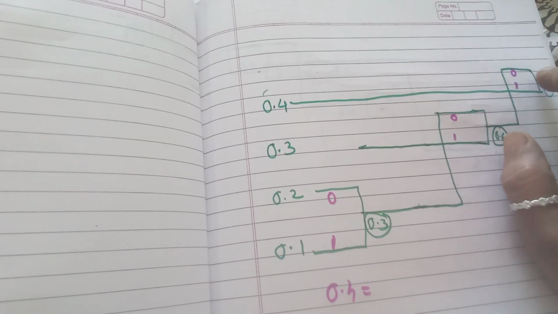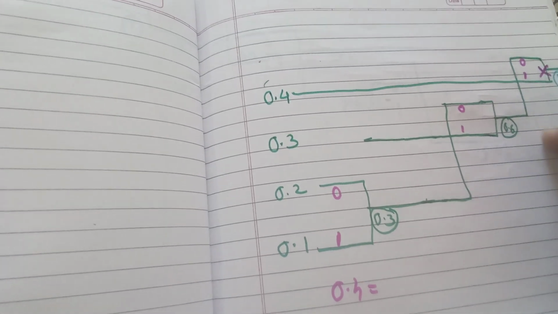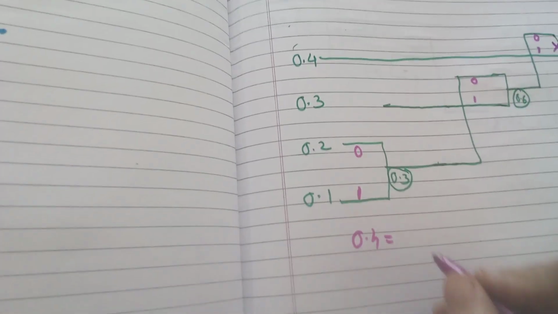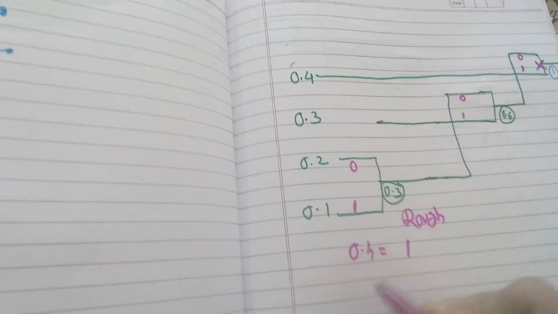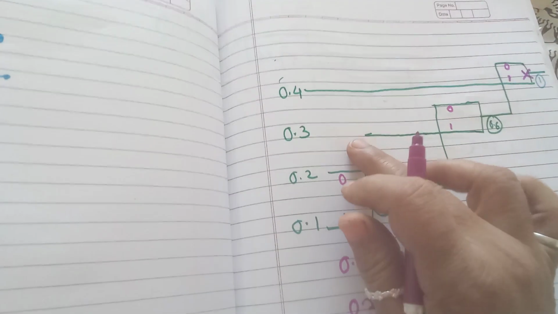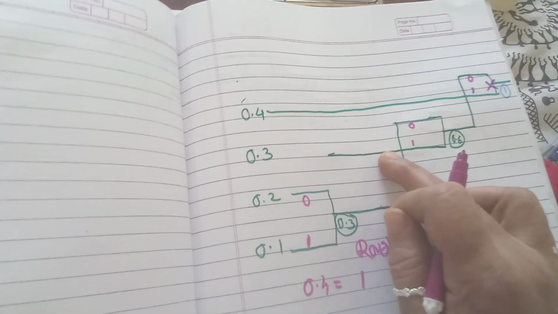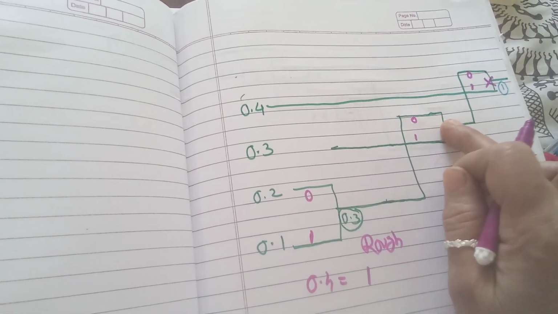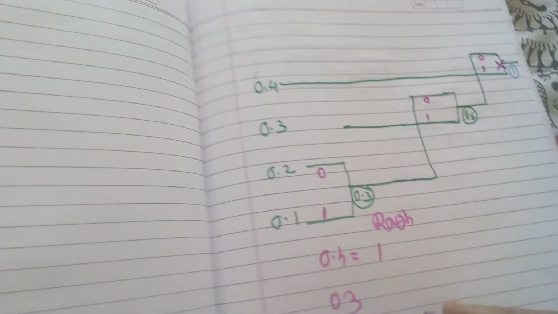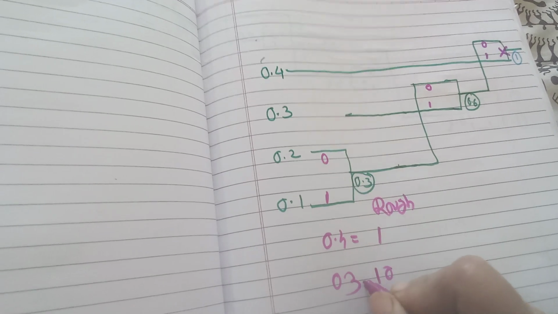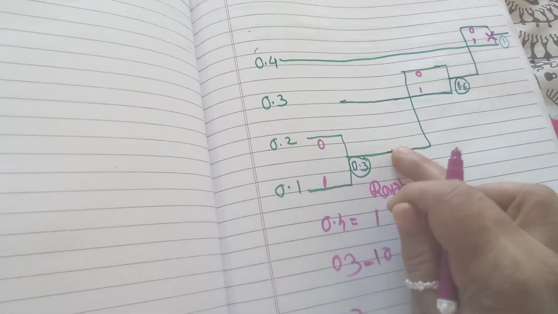You have to come up to here, so write down 1. Then 0.3: the path is 1 then 0.